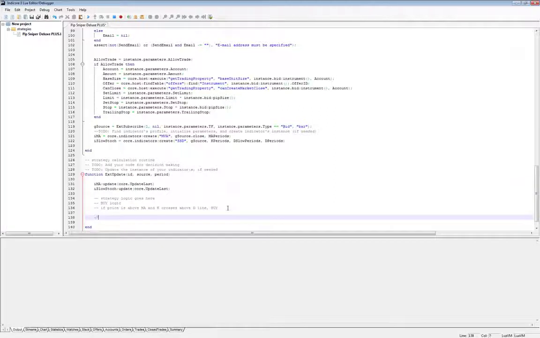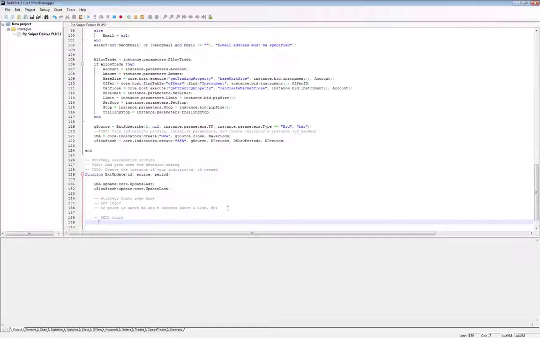And then for the sell logic, it's going to be the opposite. So if price is below the MA and K crosses below the D line, then we would sell.